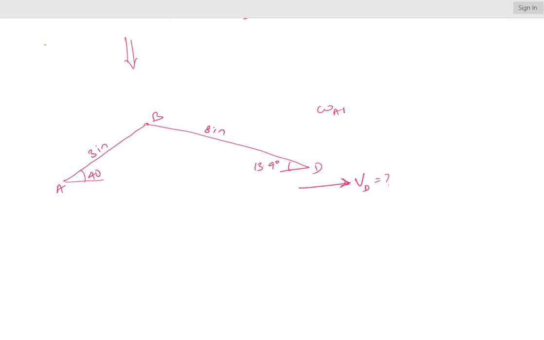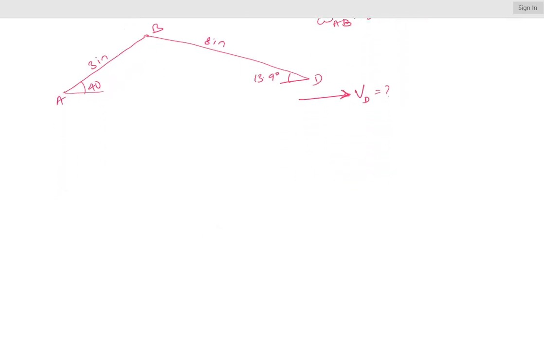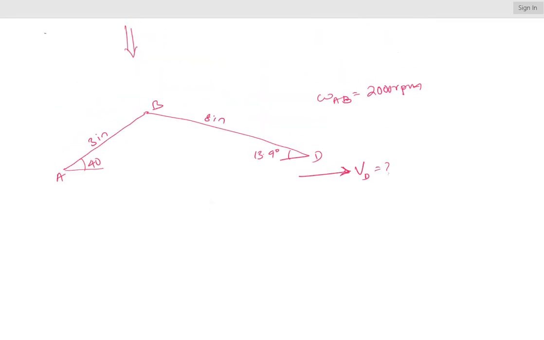Omega AB is 2000 RPM. So let's first convert this 2000 RPM into radians per second. You have 2000 times 2 pi over 60.